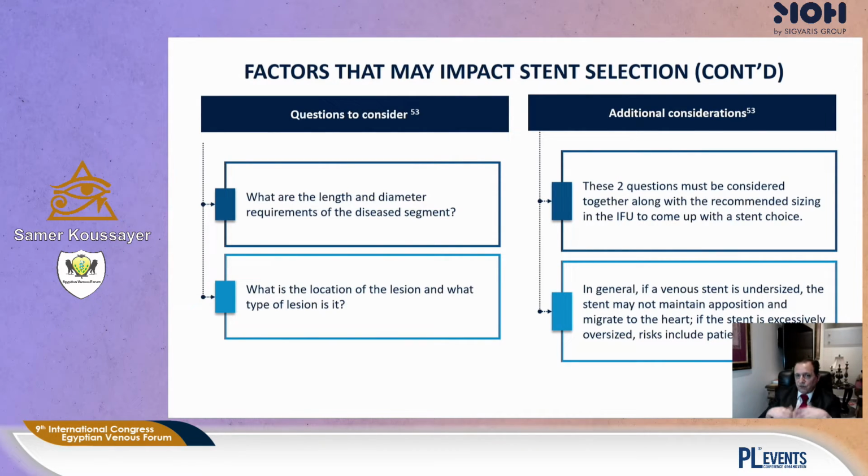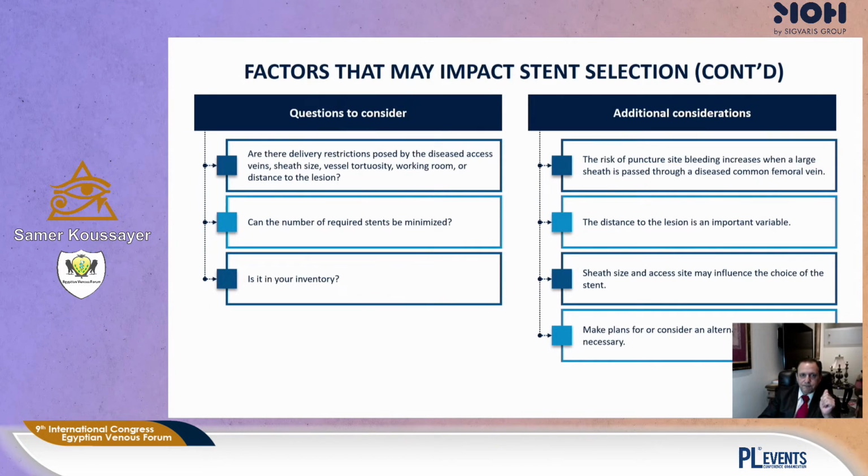And if you oversize, the patient may end up with pain. So it's very important to choose the right size. Oversized, the patient can end up with pain; undersized, it may migrate to the heart. So you have to be very careful. These two questions are very important to keep in mind when you choose your stent.